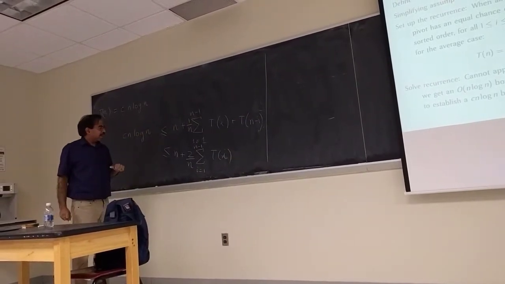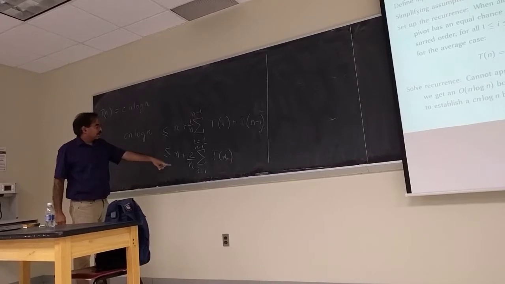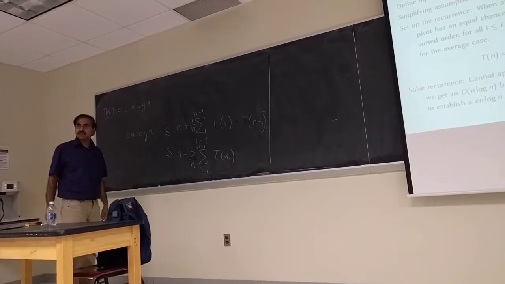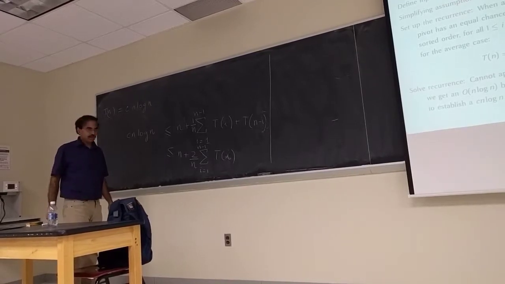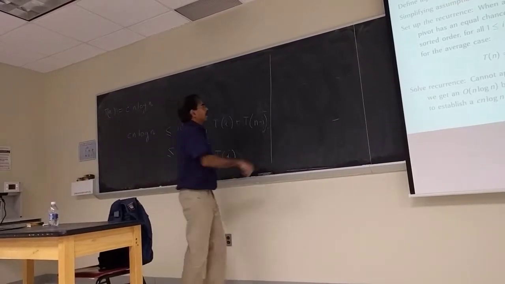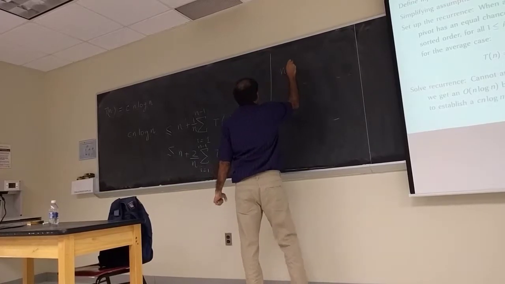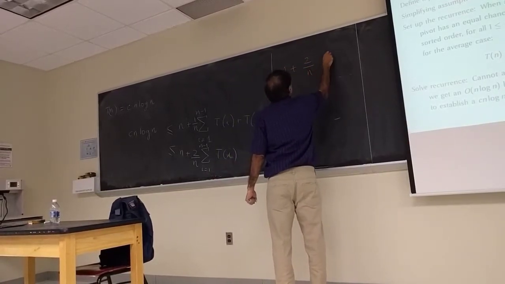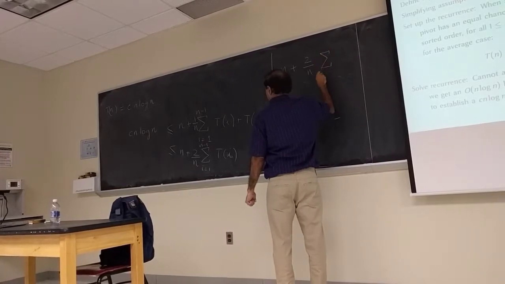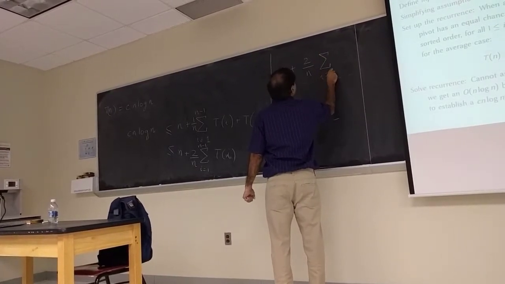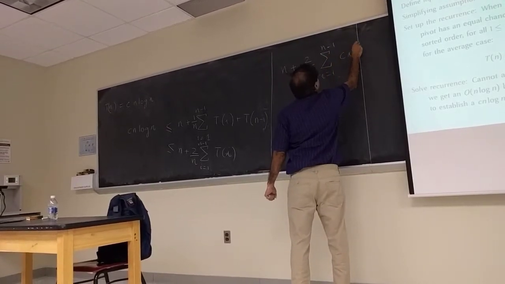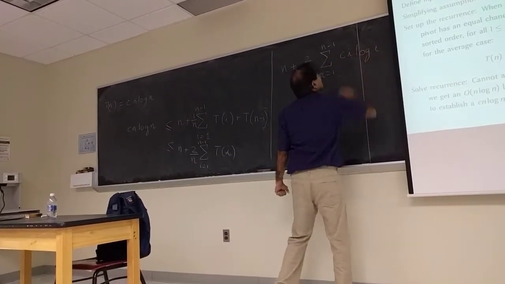So what we are going to do is substitute our guess on the right-hand side, and we want to see that the bound works. So we want to ask, what is the summation of C times i log i?